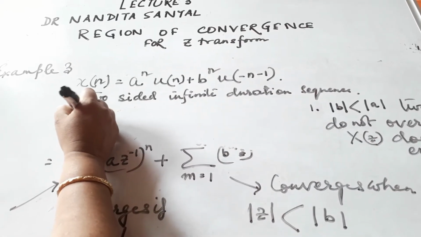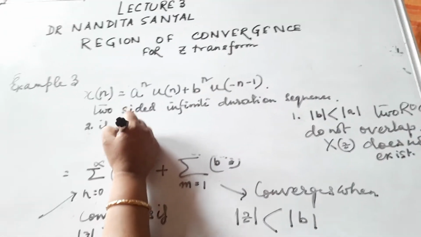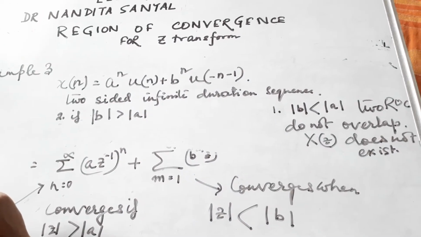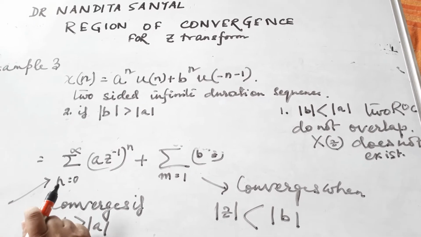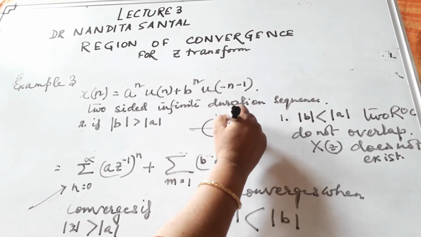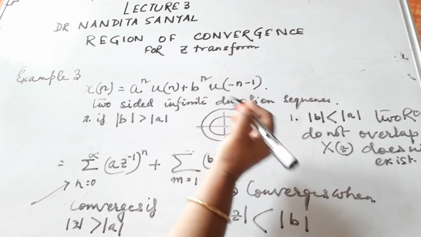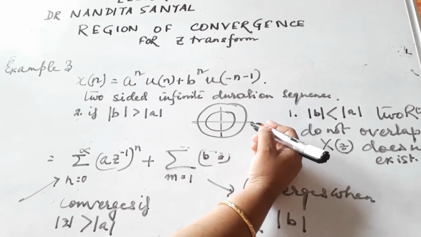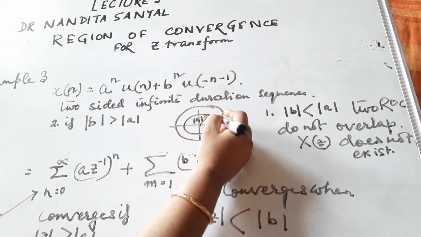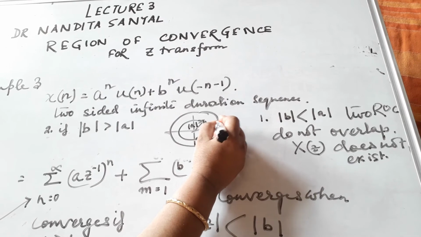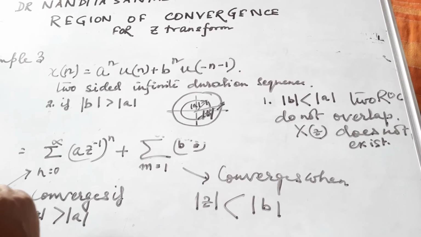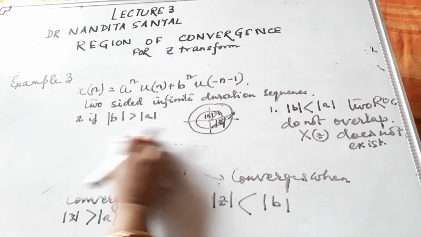Number 2, if mod b is greater than mod a. In that case, there is a ring in the z plane with inner radius mod a and outer radius mod b, where both power series converge simultaneously.